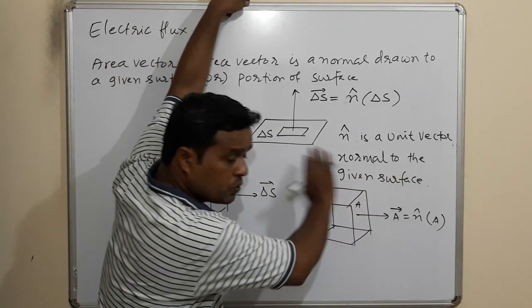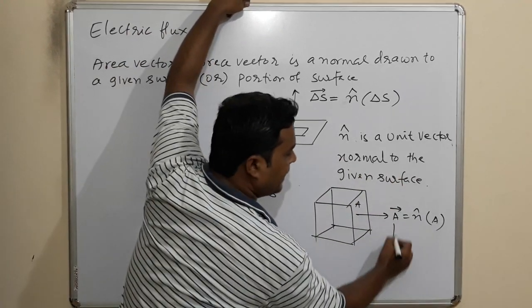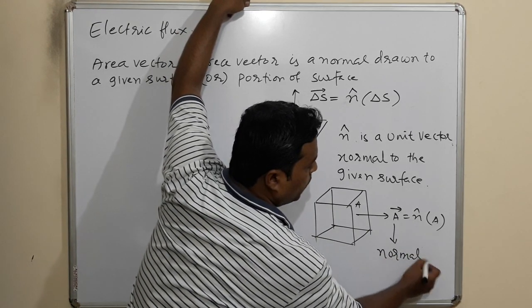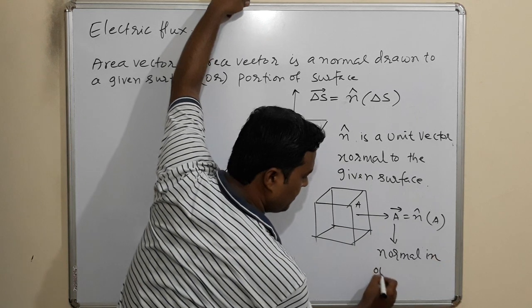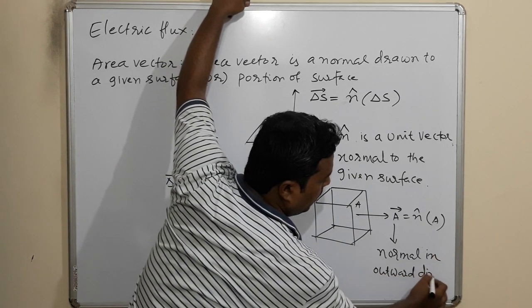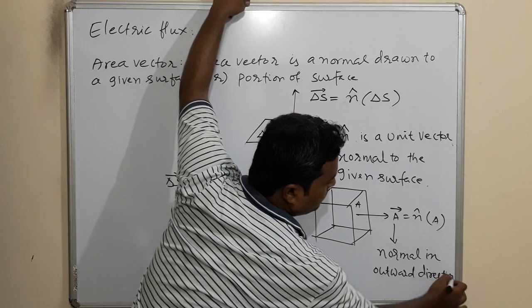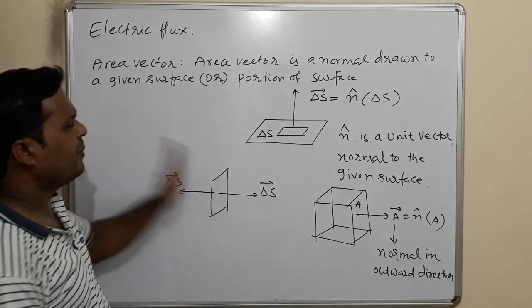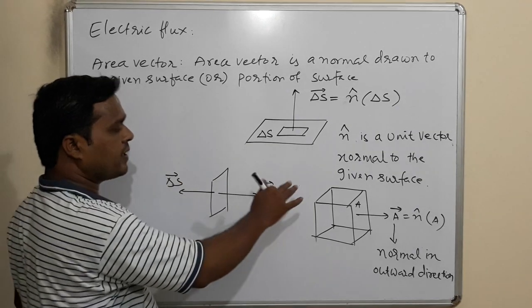If it is a closed surface, the area vector direction will be normal in the outward direction. If it is an open surface, you can draw it on both sides. Remember only this much.